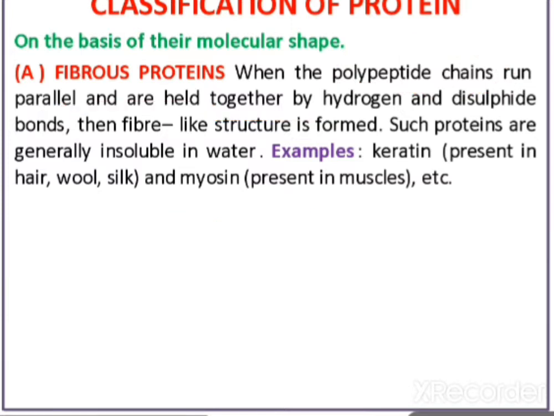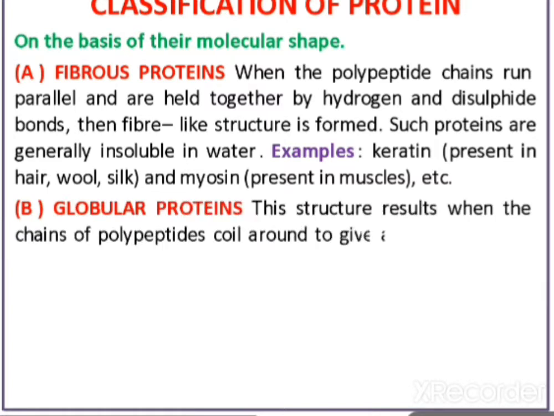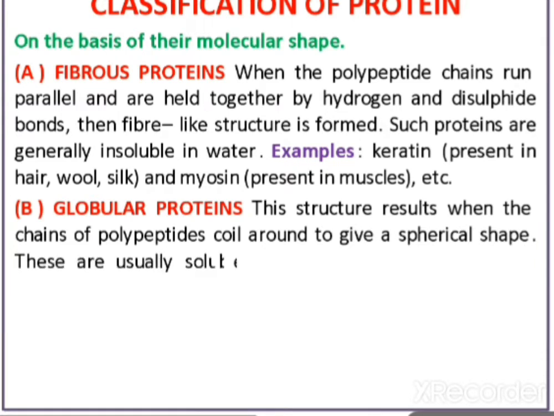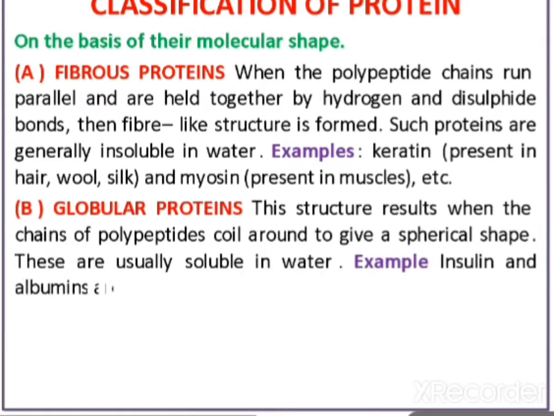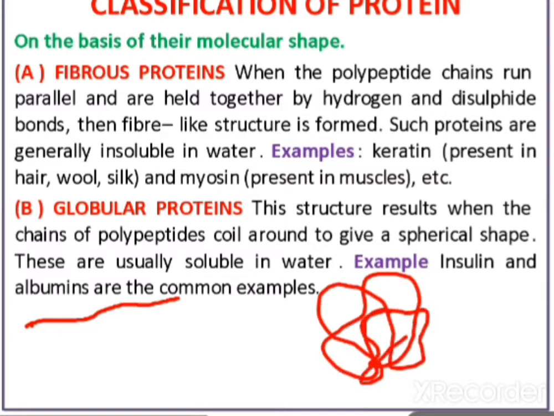The second type of protein is globular protein. This structure results when the chain of polypeptides coils around to give a spherical shape. These are usually soluble in water. Examples: insulin and albumin. Now see, in fibrous protein the structure is straight, but here the structure will coil like this.